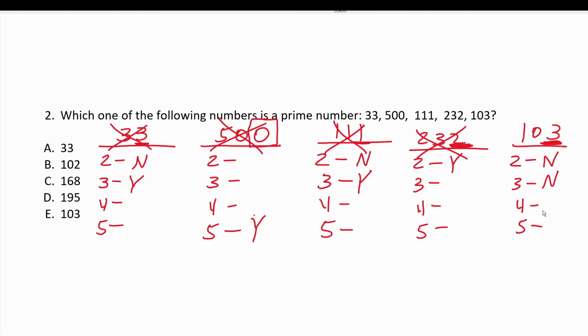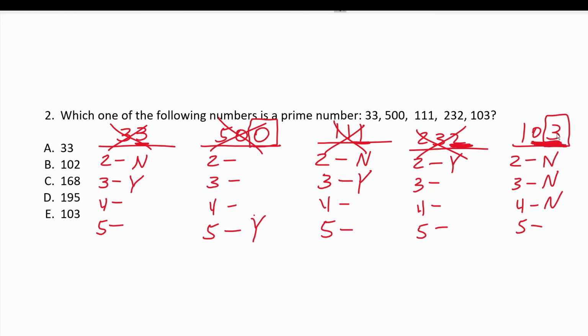All right, to see if a number is divisible by 4, we look at the last 2 digits of the number. In this case, that's 03. And if the last 2 digits are divisible by 4, then the number itself is divisible by 4. Is 03 divisible by 4? It's not. And finally, we're checking for divisibility by 5. So we're looking at the last digit in this number.